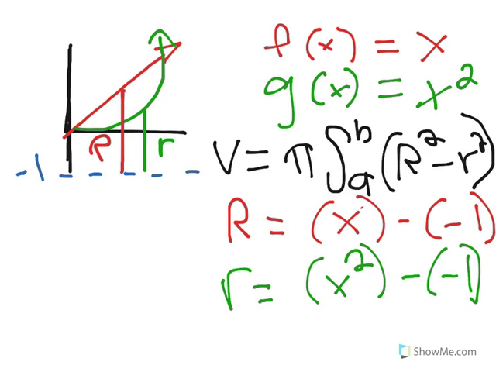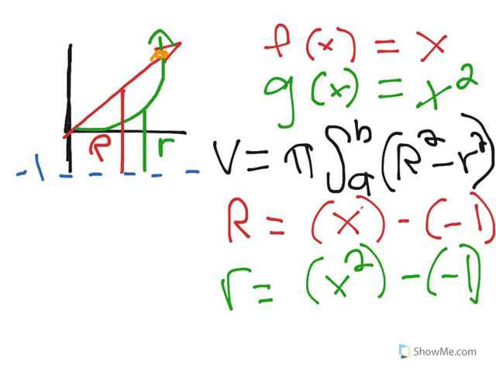We have V equals pi integral. Oh yeah, and I didn't talk about the integral bounds. Integrals, as you know from the previous segment on area under the curve, right now we want to just use this point right here and this point right here. We'll make it different colors again.